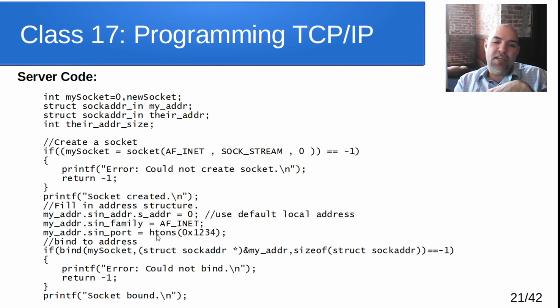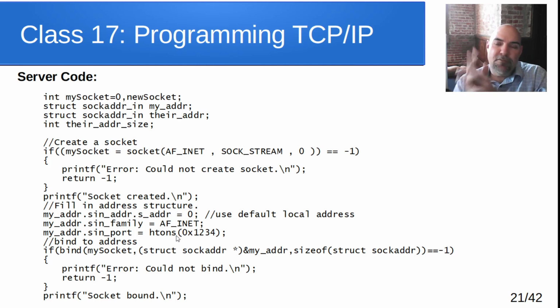0x1234. And you might say, what's this htons function? That's a new function that we haven't seen before. But that stands for host to network short. And the reason for that is different machines represent integers in different ways. There's a big endian representation, and then there's little endian, where the most significant and least significant bytes are backwards in memory.